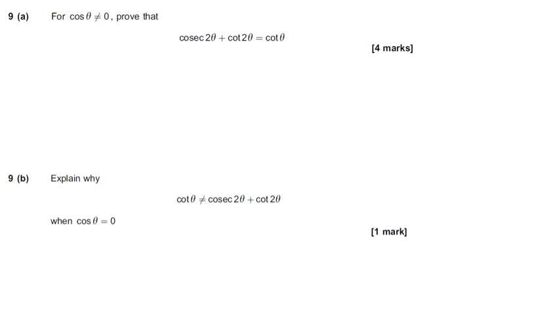So cosec, well, I know that cosec is 1 over sine, so I'll write 1 over sine 2 theta first of all. And cot 2 theta, well, that's cos over sine. And that's good because I seem to have a common denominator between those two terms. So let's just put them both over sine 2 theta.